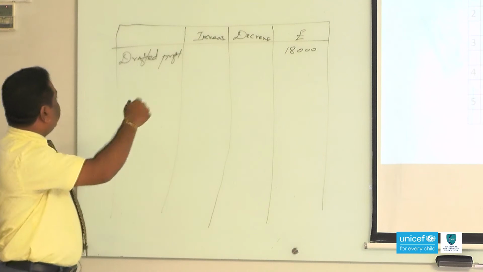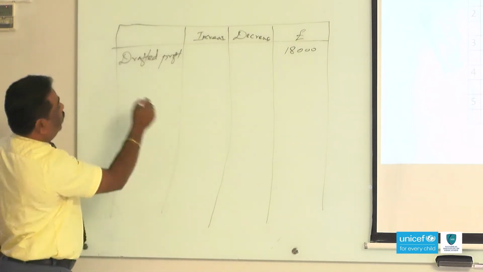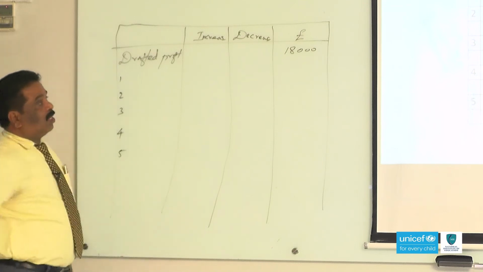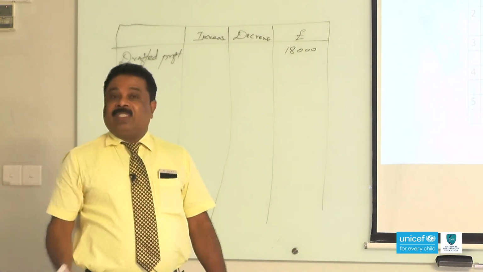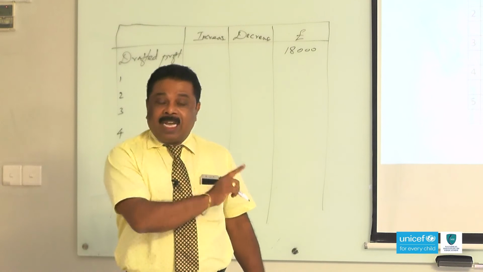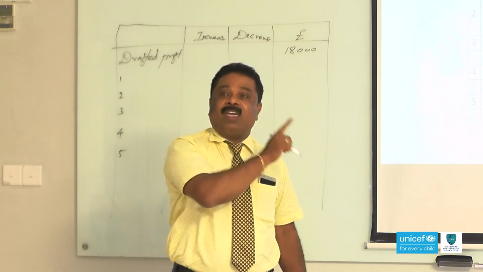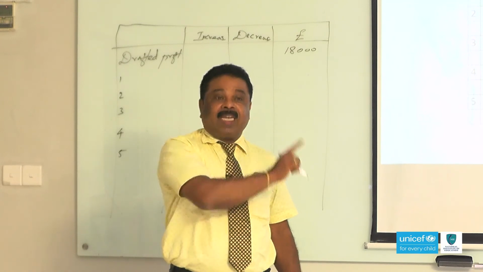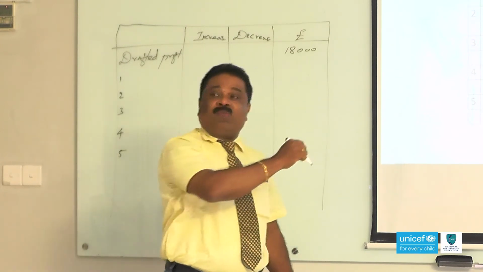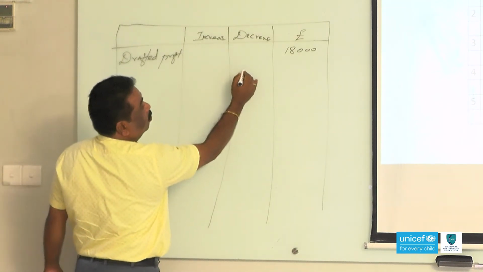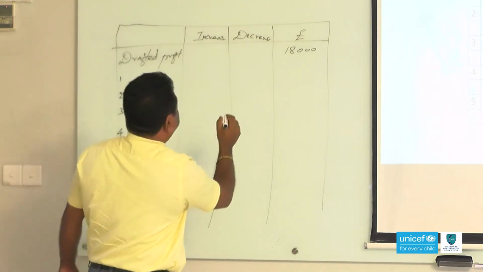Now I am going to see the effect of these 5 errors: 1, 2, 3, 4, 5. Number 1: sales debit, suspense credit. Check out of these two which will be transferred to the income statement. Only the sales account. The sales account had been debited, therefore it decreased the amount. So I write the amount in the decrease column, 6,000.